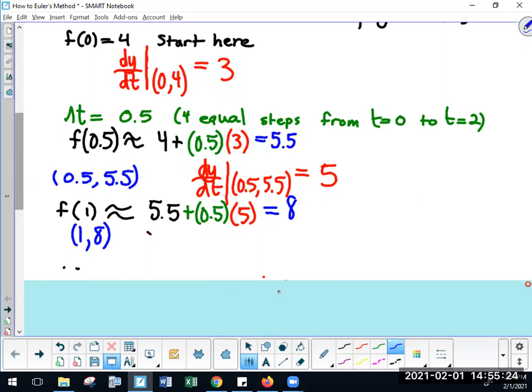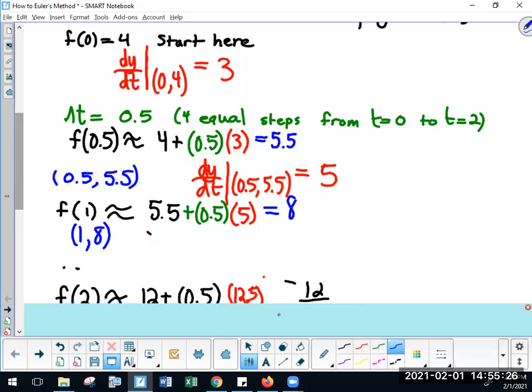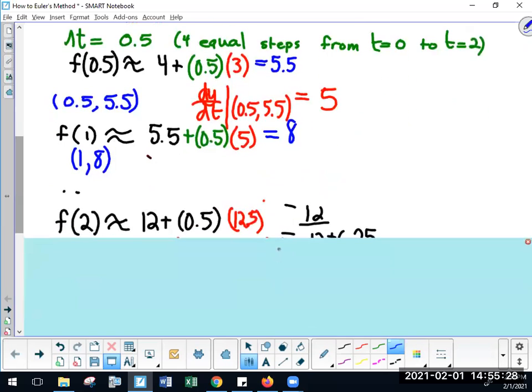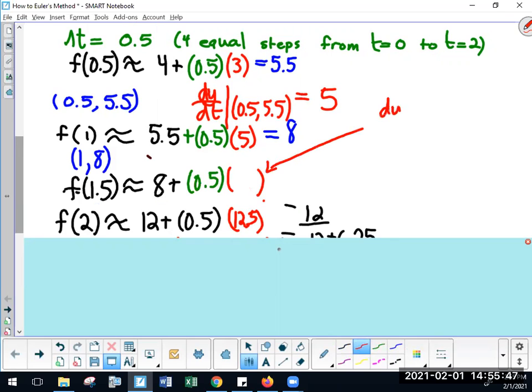And then I iterate. I do the same thing again, but this time I can do it faster because I know what's going on. F of 1.5 is what I'm approximating. So I was at 8, but to 8, I need to add 0.5 units of my slope. My slope is dy dt evaluated at 1 comma 8.